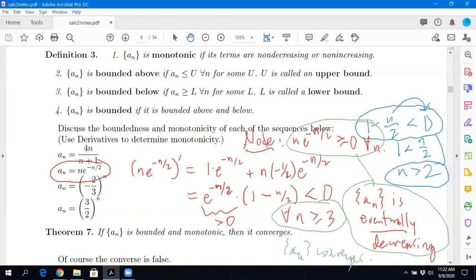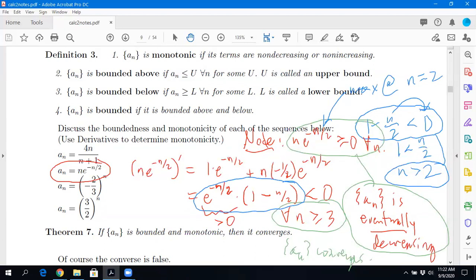When the derivative is 0. And where does that happen? This thing right here is maximized when the derivative is equal to 0, at n equal to 2.